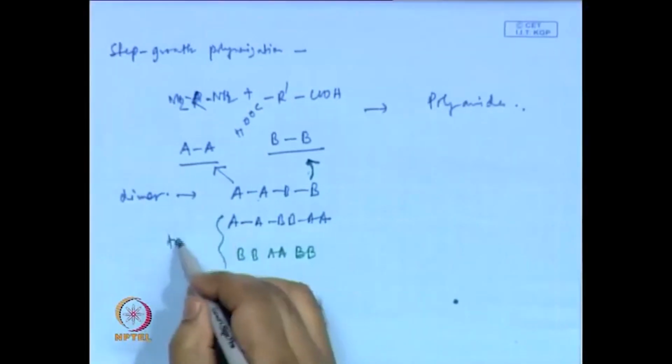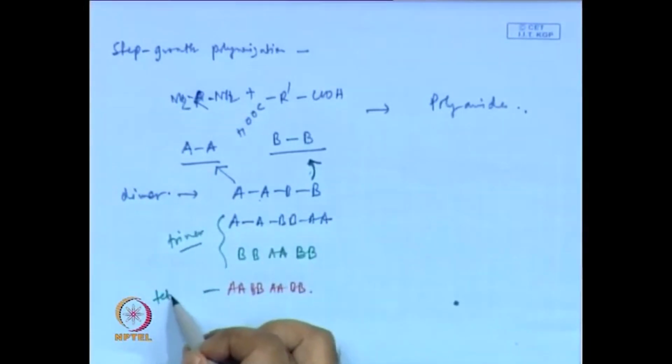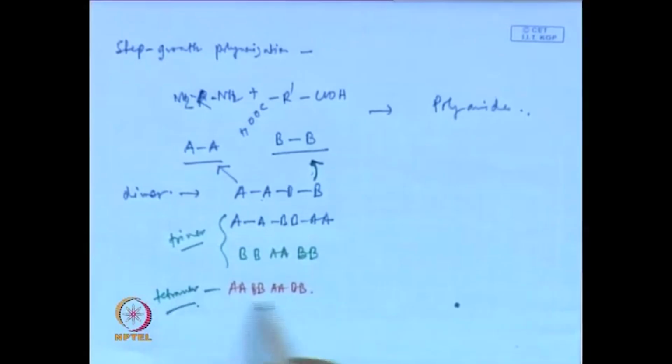This is a trimer, consisting of 3 monomer molecules, and this is a tetramer, consisting of 4 monomer units or structural units.